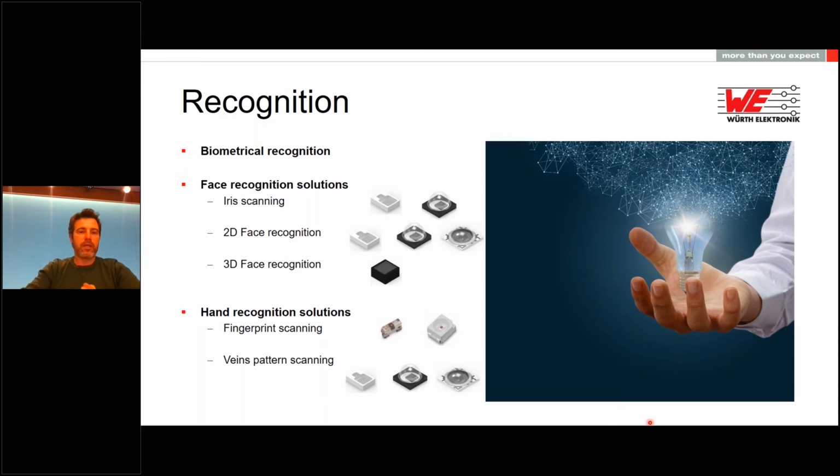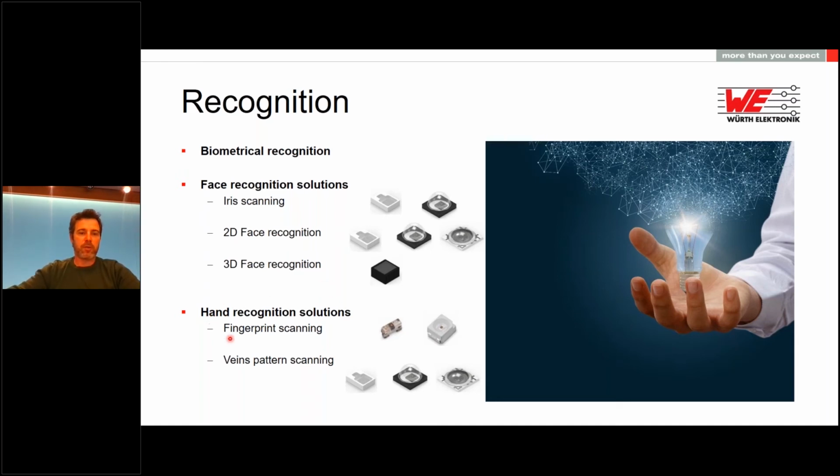Here we can define the different products, for example face recognition, where we have iris scanning or 2D face recognition, where we can use infrared LEDs, and we have a series of high power LEDs which can help with this, or 3D face recognition, where mostly applicable are the VCSEL systems, with indirect time of flight, for example.